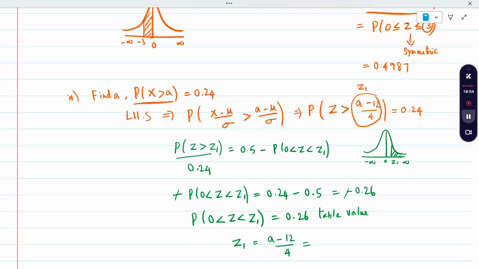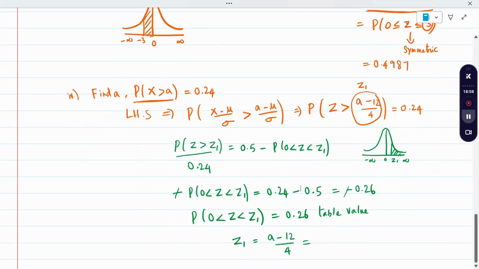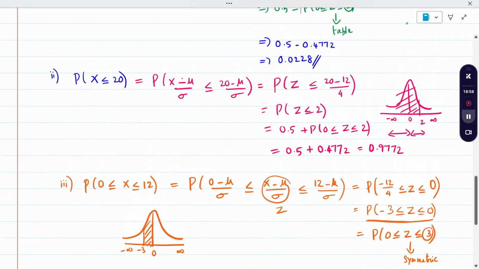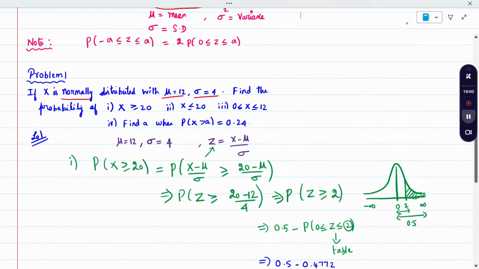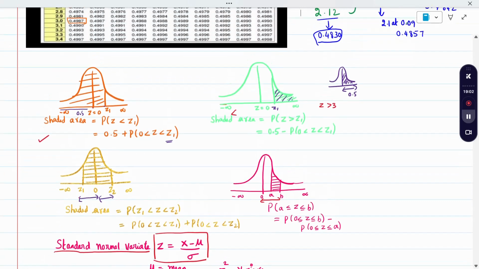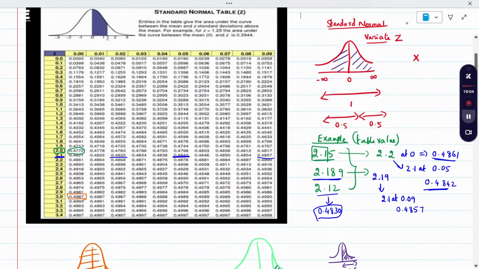Okay, so see the table value. The answer we have to check with 0.26.